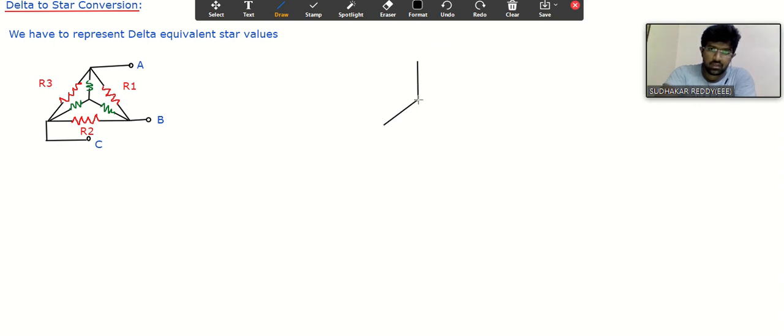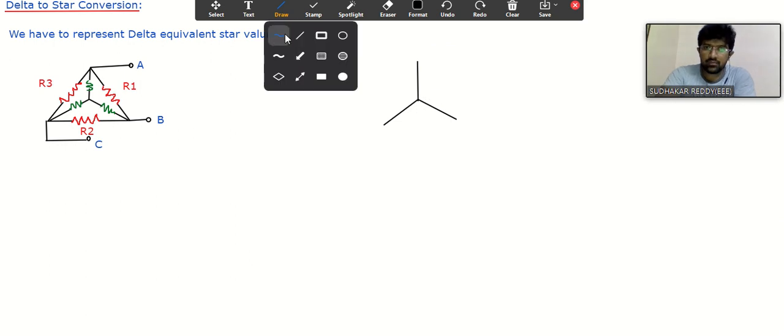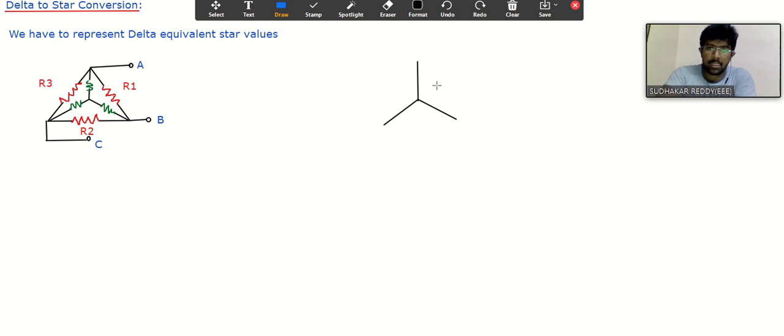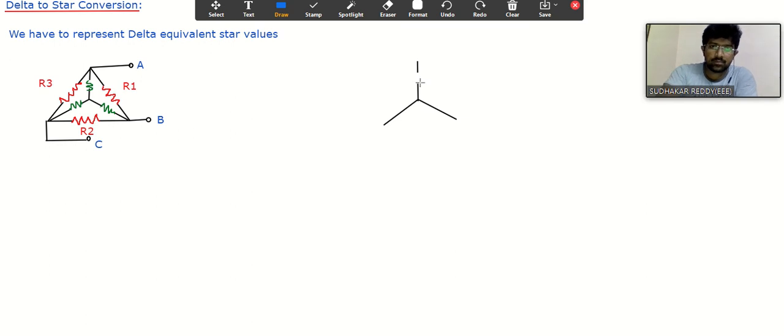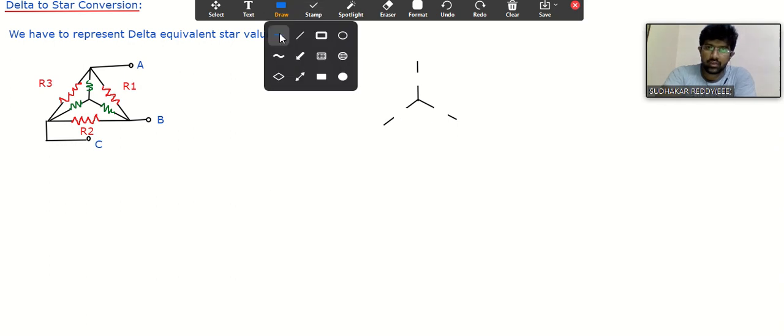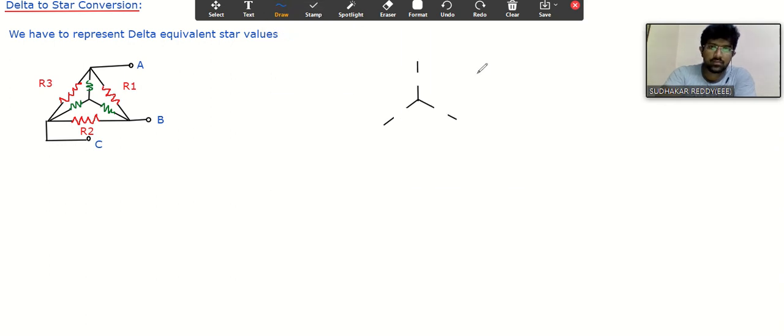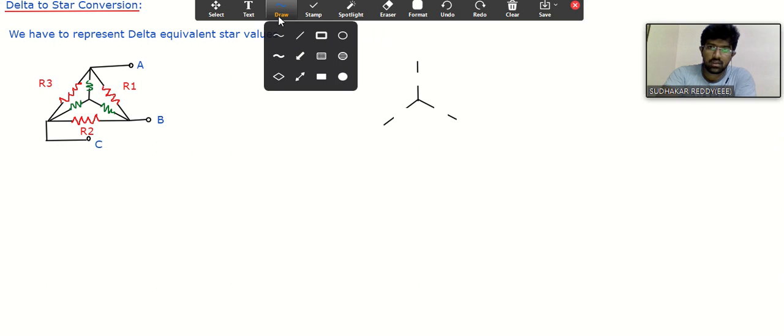In case of star also I told you that we are having only three resistors and three outcoming terminals. So we need to find out the values of this star connection.